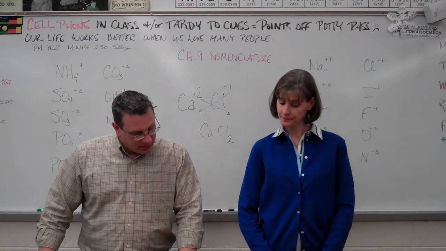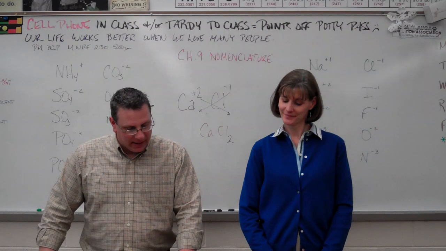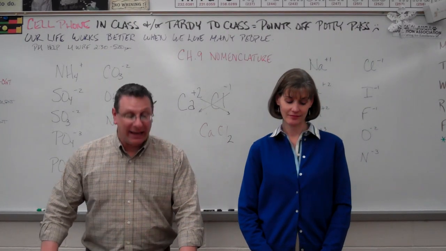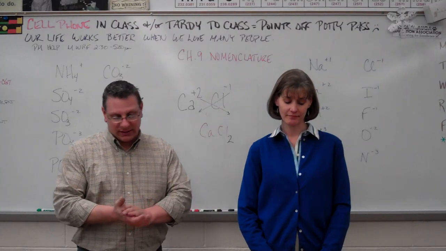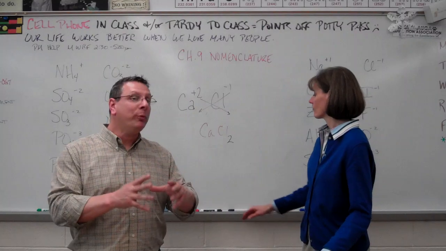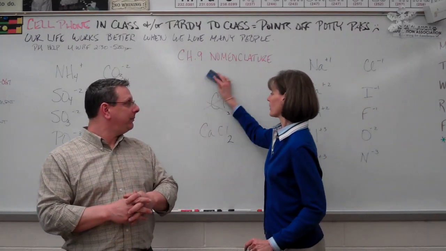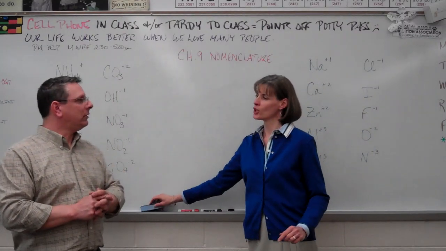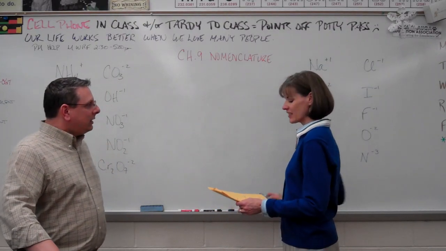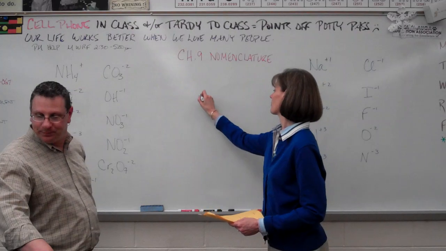Number 10. Number 10, how to identify a compound that contains a specific cation, if you're given the stock system name. Stock system, remember, is the Roman numeral. Let me show you a couple of examples of what this might look like.